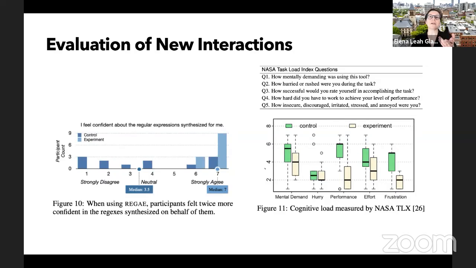As you can see, in the control, scores are across the board the same or much higher. For performance, you see a lot more weight towards lower scores on the question about how successful you would rate yourself. So they were objectively successful and they felt objectively successful. And in the frustration measure, they rated their feelings of insecurity, discouragement, irritation, stress, and annoyance much lower.